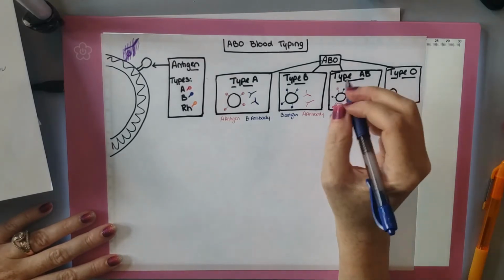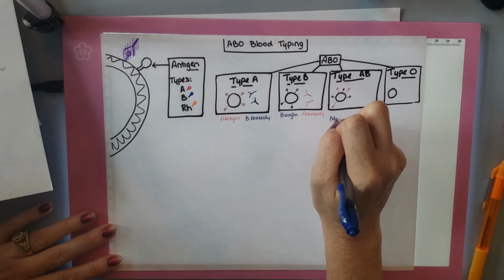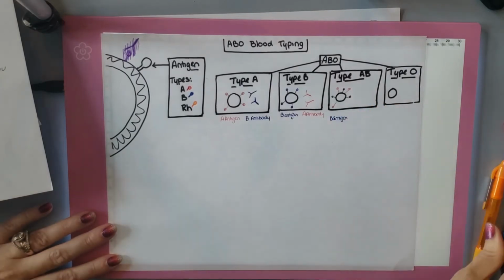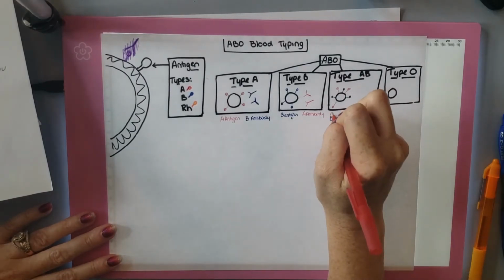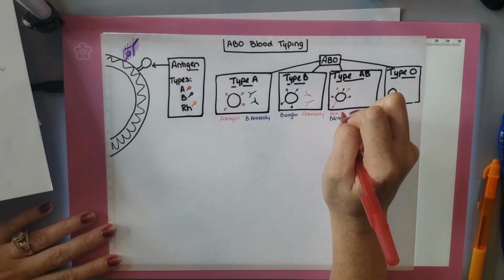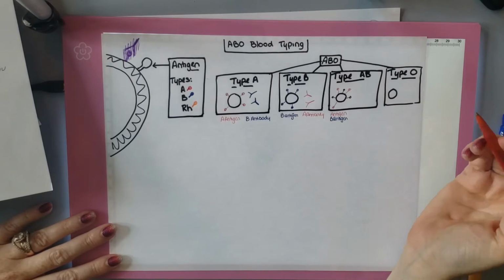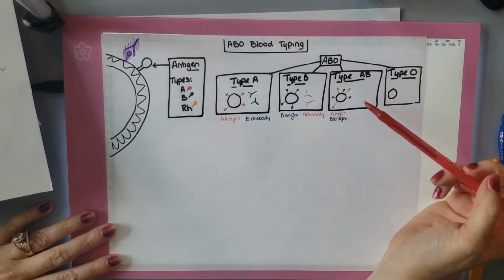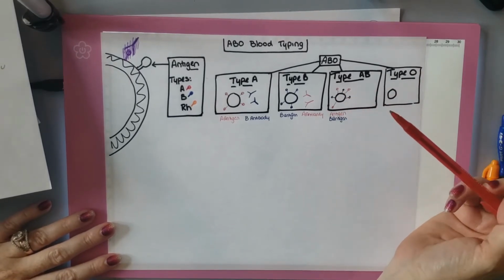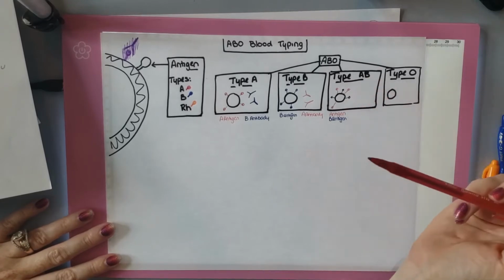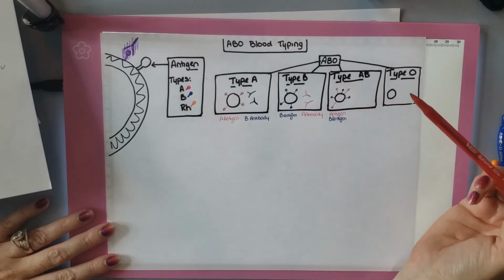Now here we have the B antigen and the A antigen. So what kind of antibodies do you think they would have there? They're going to have no antibodies there. They're not going to have any antibodies against A because that'll kill their own cells. They're not going to have any antibodies against B because that'll kill their own cells. And those are the only two that we're talking about right now.